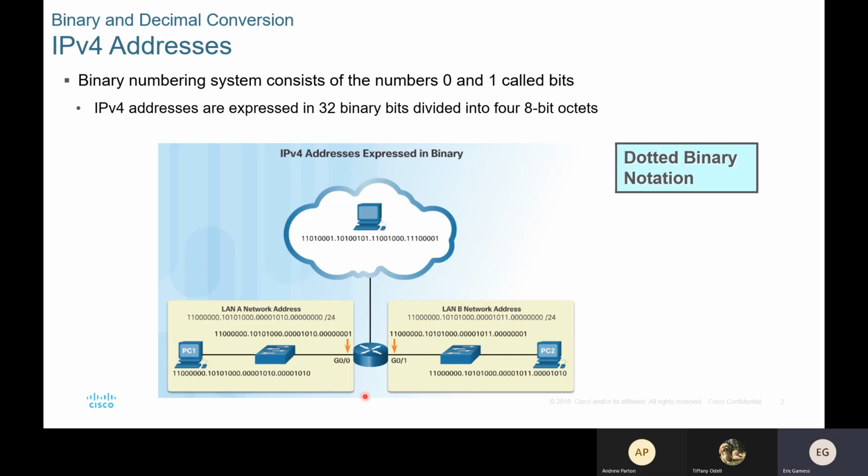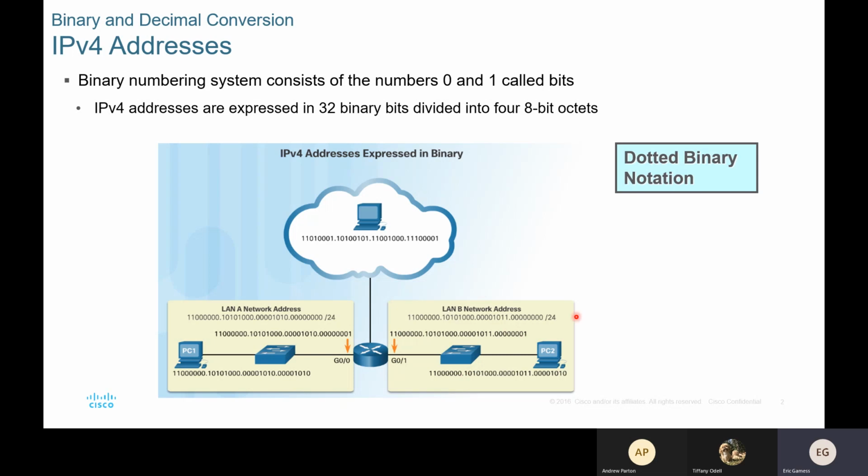Okay, so this is a router, and each interface of the router need an IP address. So for example, this interface is the gigabit Ethernet 0/0 interface, and it have an IP address. This interface is the gigabit 0/1 interface, and it have an IP address.